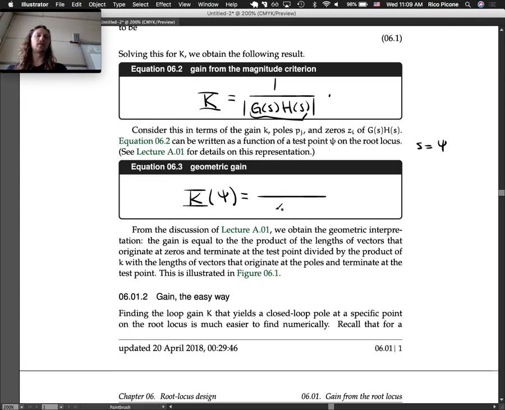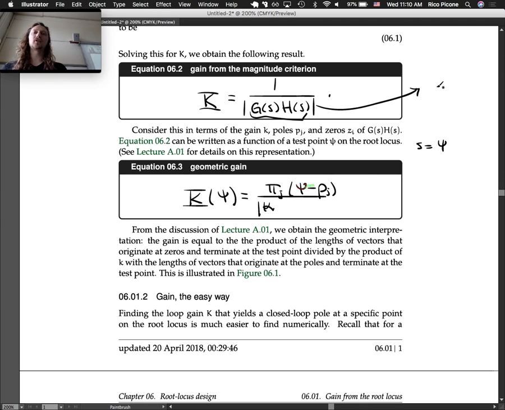So the formula that we came up with was the product over all the j's of psi minus Pj, divided by the magnitude of little k, which comes from GH.